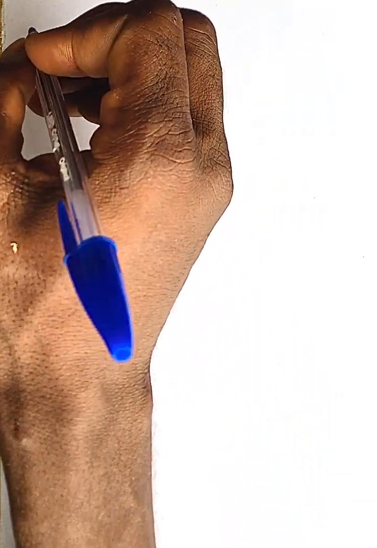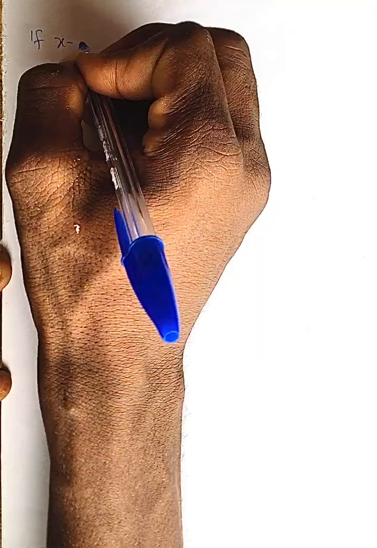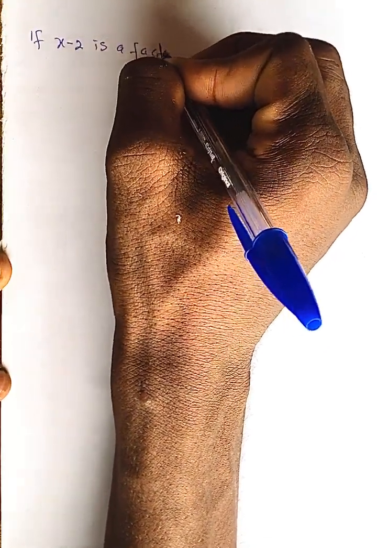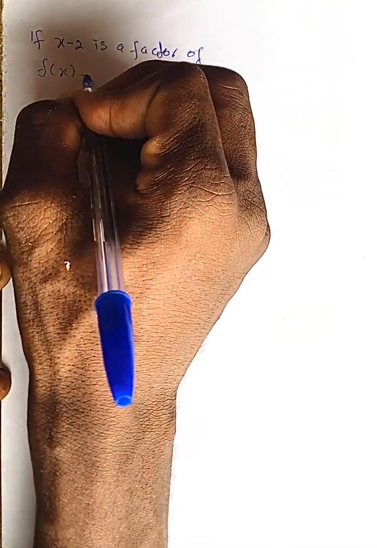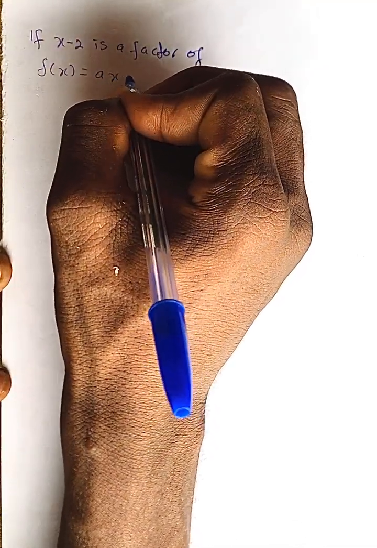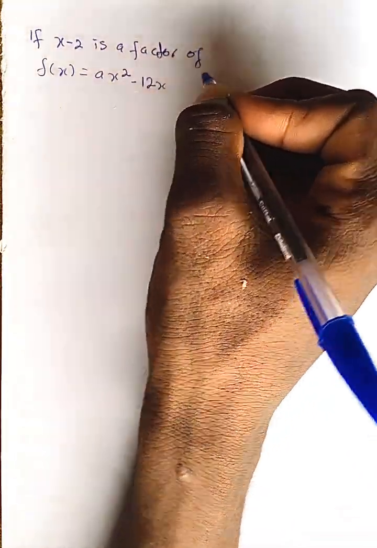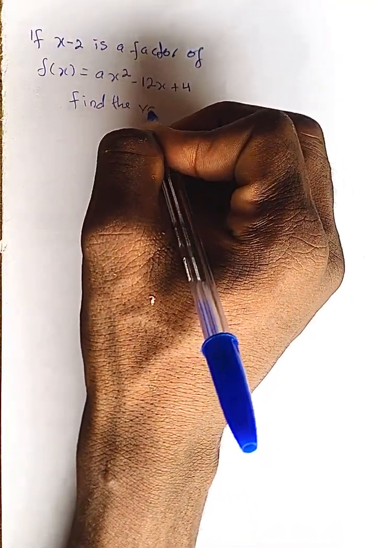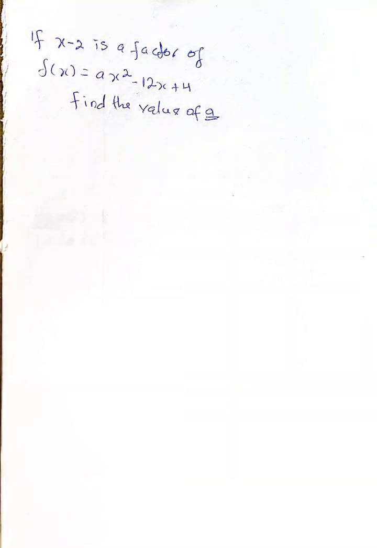It says: if s minus 2 is a factor of the function f of x equal to a s squared minus 12s plus 4, find the value of a. Solve this one and put your answer in the comment section.